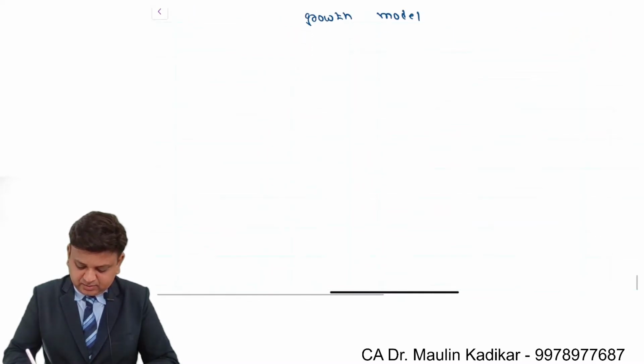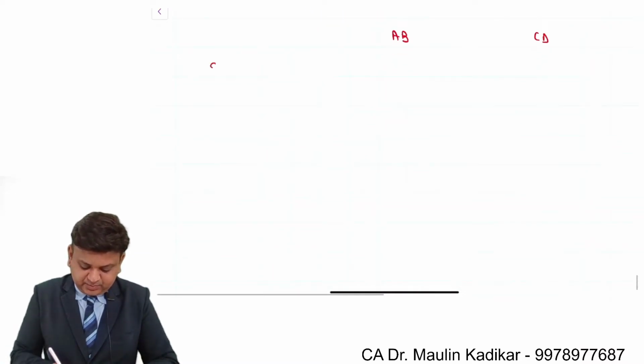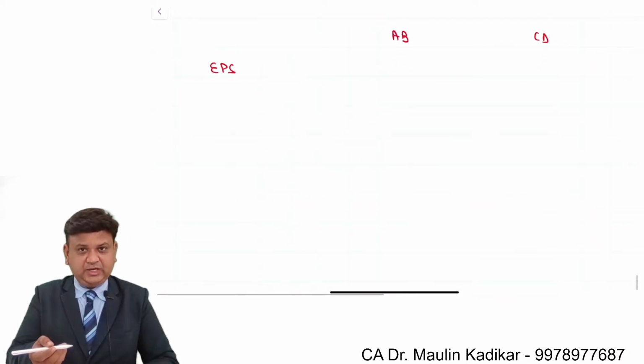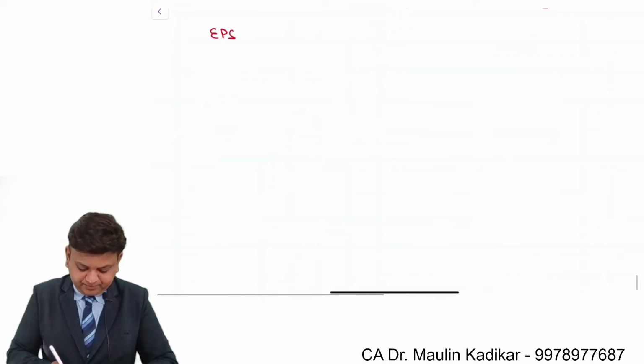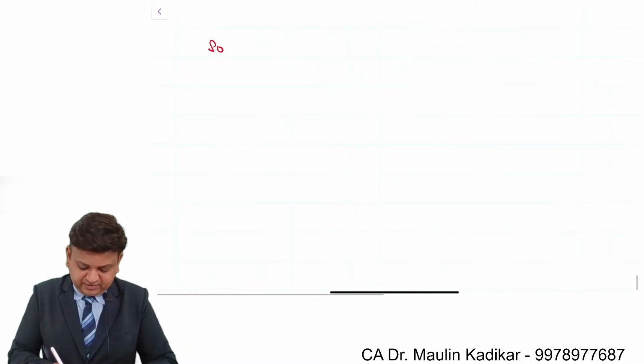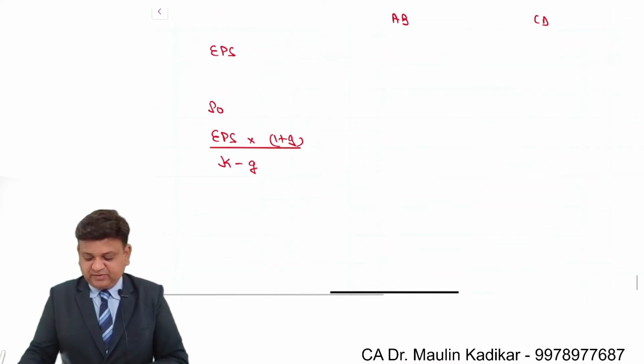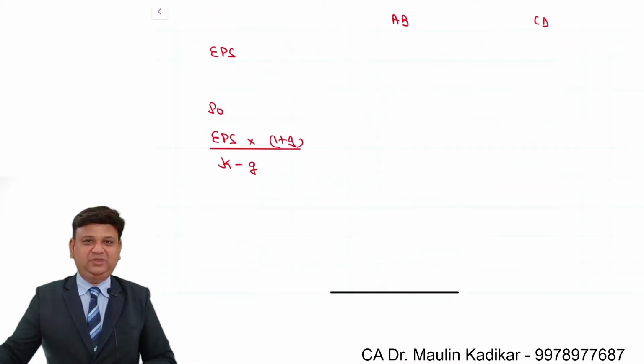So in that AB Ltd, CD Ltd. Next is the earning per share, which we already have calculated over there. Then P0 will be calculated. For P0 we will be having earning per share into 1 plus G divided by K minus G.